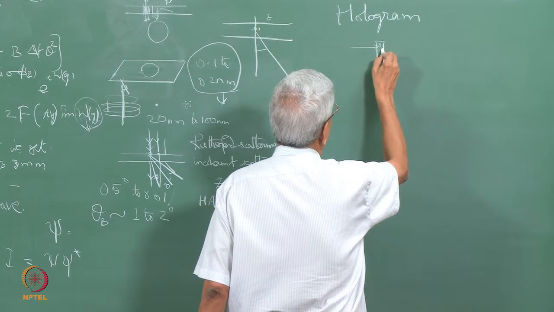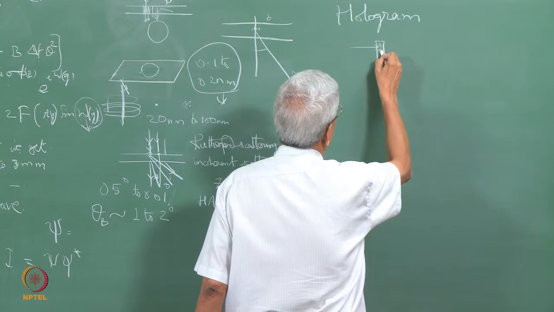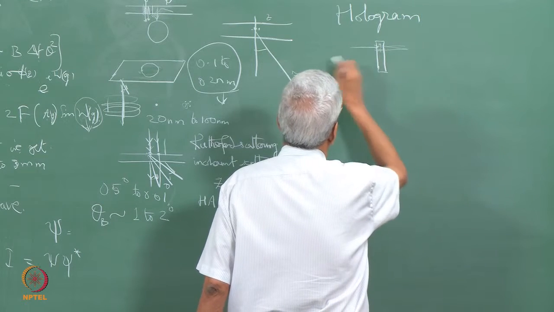As the beam passes through different regions, different phase differences could be introduced, and the rays which come out will all be coming out with different phase.